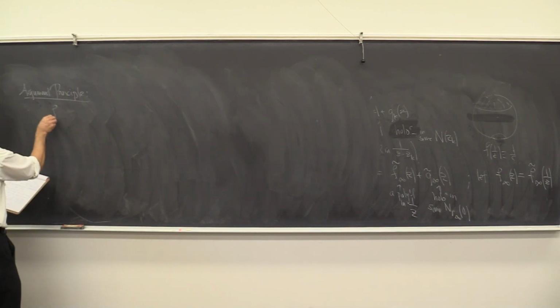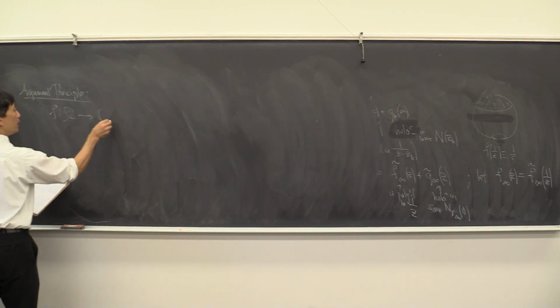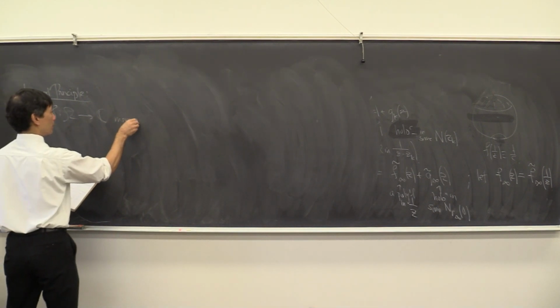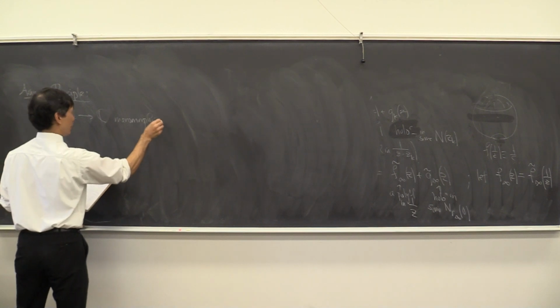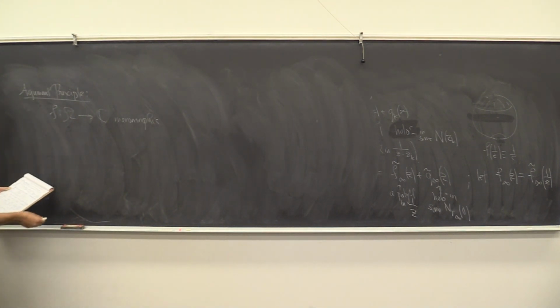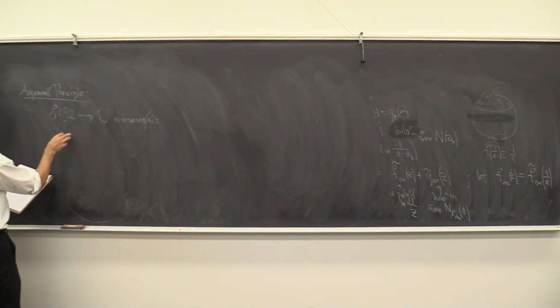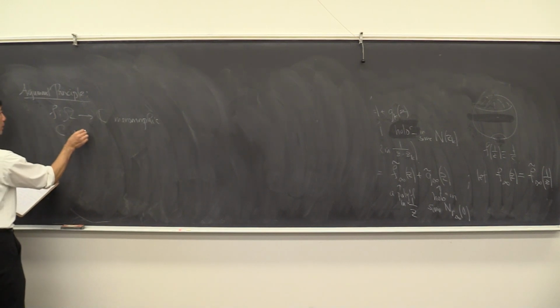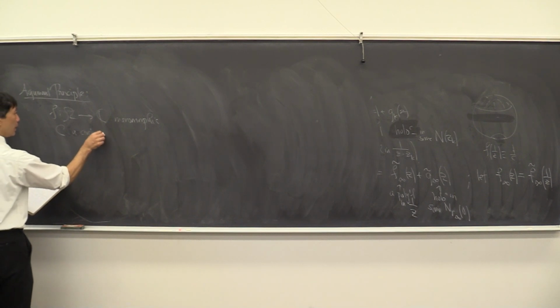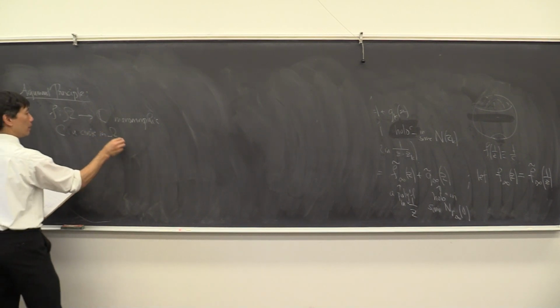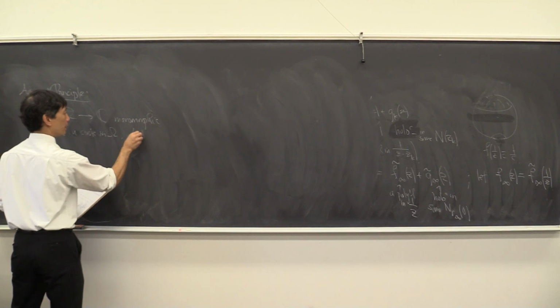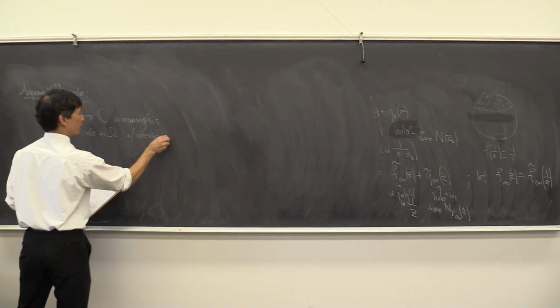Okay, so you have a function f that's meromorphic on some open set omega. And as usual, you have a circle C in omega, with its interior also in omega.